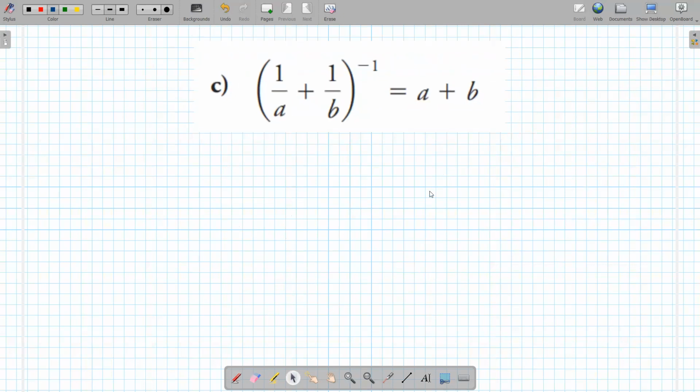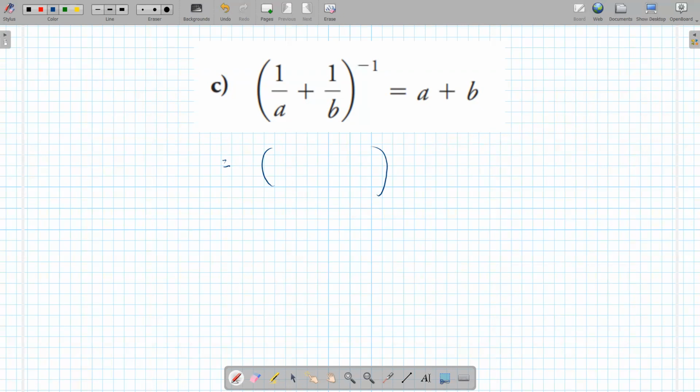What about this one? Same kind of idea. It's true. Let's see. What's the LCD between A and B? It's the lowest common denominator.